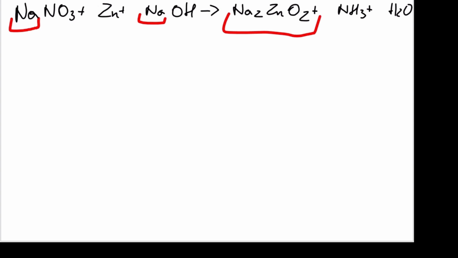So we know that sodium does not change oxidation state. What about the nitrogen? We have nitrogen in nitrate anion, and on the right side of this reaction we have nitrogen in ammonia. In ammonia, it is also an interesting example. In ammonia we have hydrogen.